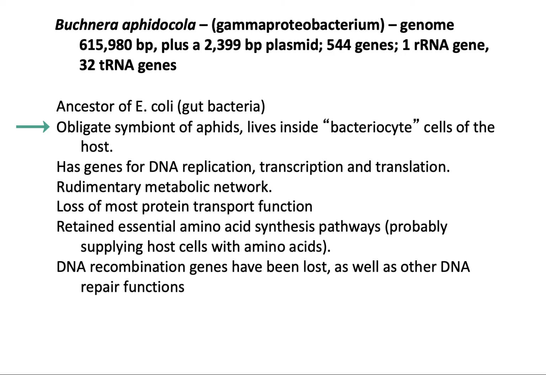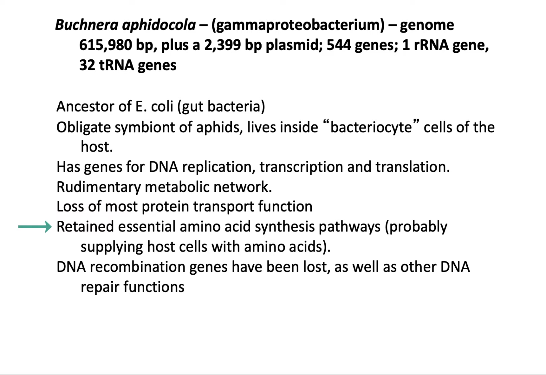Now, aphids eat plant sap, and plant sap is very poor nutritionally, lacks a lot of different amino acids. But the bacterium has genes for DNA replication, transcription, and translation, so it makes some of its own proteins, as indicated by the number of genes it has. It has a rudimentary metabolic network, but it's lost most of the protein transport functions.